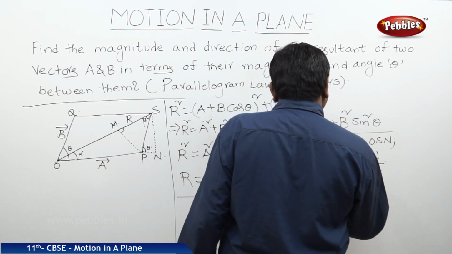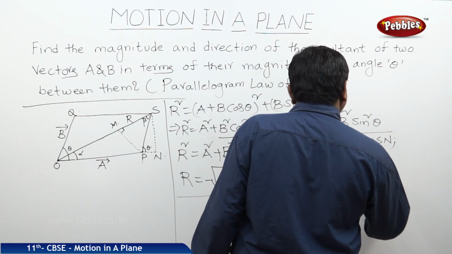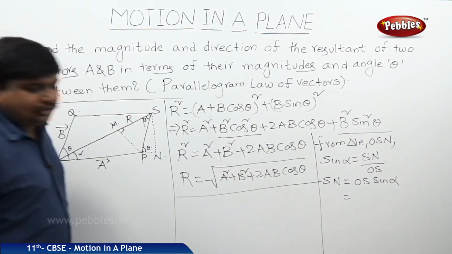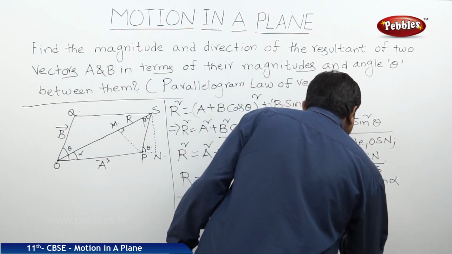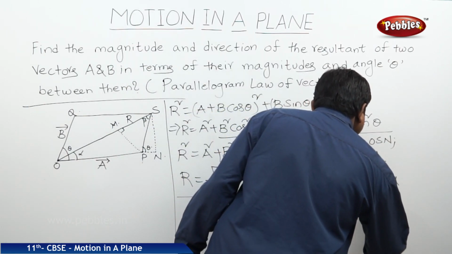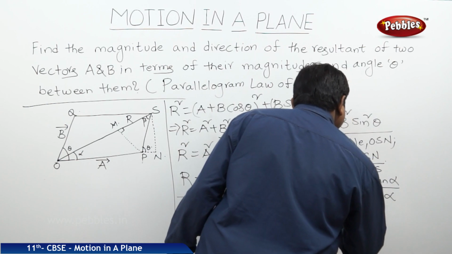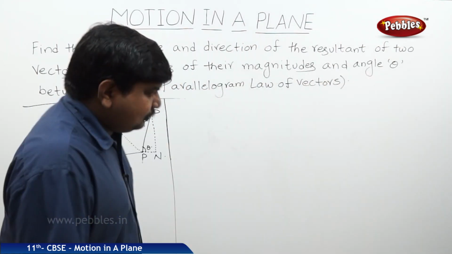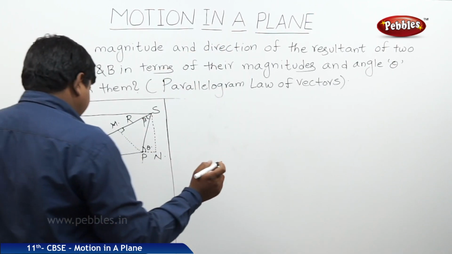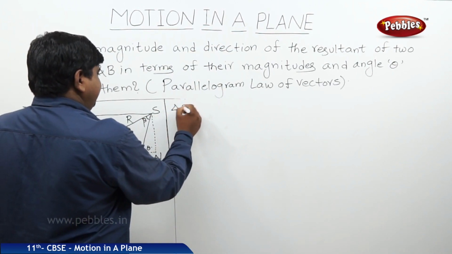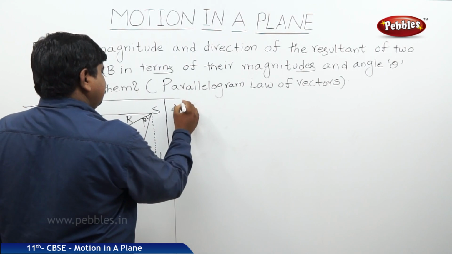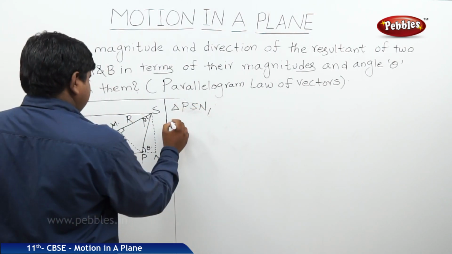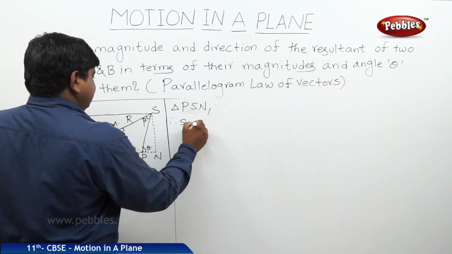Sn is equal to Os sin alpha, where Os is equal to R. Therefore, Sn is equal to R sin alpha. Let us write this one as equation 1. So therefore, the continuation we can say, from the triangle PSN, what is sin theta?